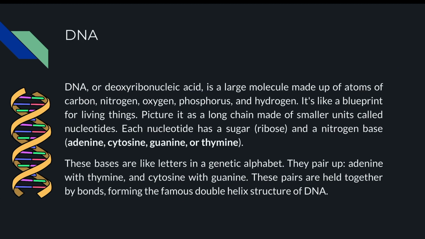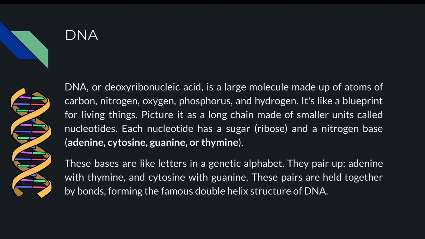DNA, or deoxyribonucleic acid, is a large molecule made up of atoms of carbon, nitrogen, oxygen, phosphorus, and hydrogen. It's like a blueprint for living things. Picture it as a long chain made up of small units called nucleotides.